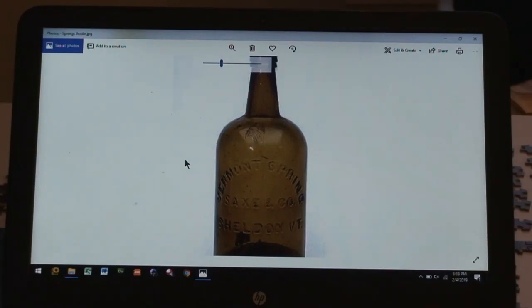In the bank directly behind the church as it exists at the present time, there is an old bottle dump where if you do enough digging you can usually come up with shards of glass. Some of them may say something in reference to Sheldon Springs, but some of them may be other bottles of things like expensive perfume or expensive body lotions or things of that nature, which were brought to the hotel for visitors.